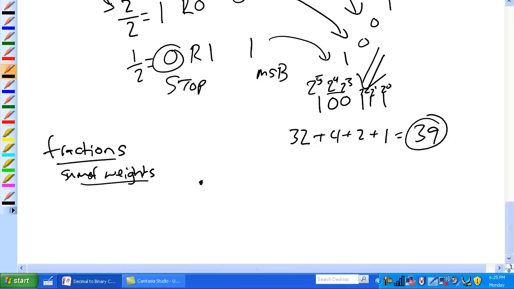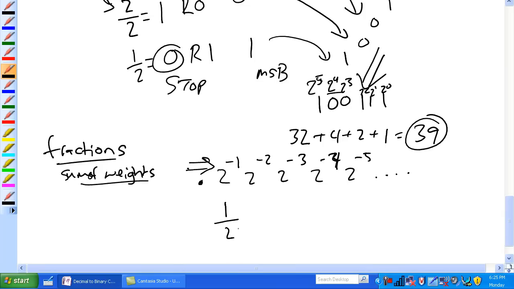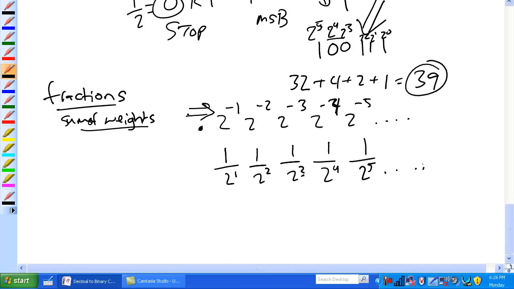If you remember right, anything to the right of the decimal place is decreasing powers of 2. So 2 to the negative 1, 2 to the negative 2, 2 to the negative 3, 2 to the negative 4, 2 to the negative 5, and so on and so forth. What that means is 1 divided by 2 to the 1, 2 to the 2, 2 to the 3, 2 to the 4, 2 to the 5.